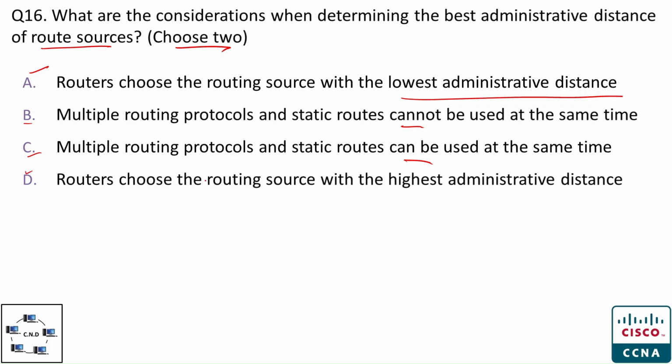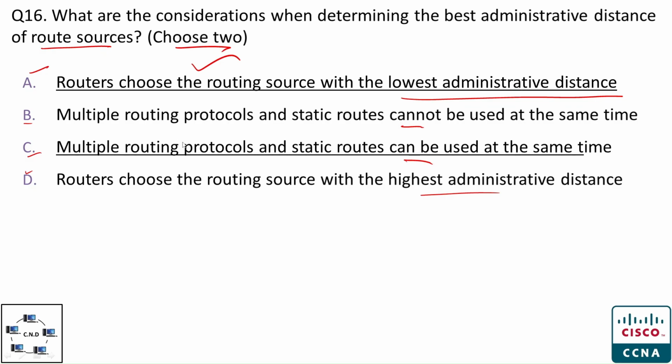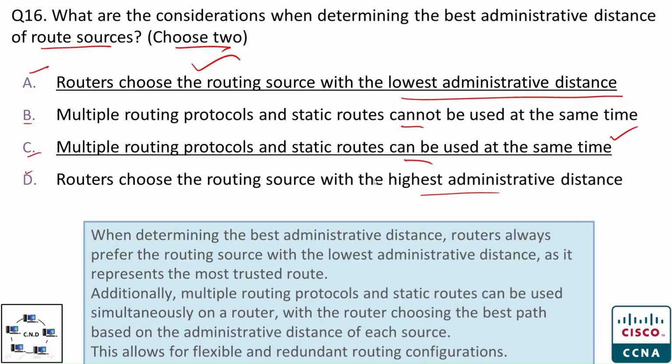And option D, routers choose the routing source with the highest administrative distance. The correct options are option A, routers choose the routing source with the lowest administrative distance, and option C, multiple routing protocols and static routes can be used at the same time.